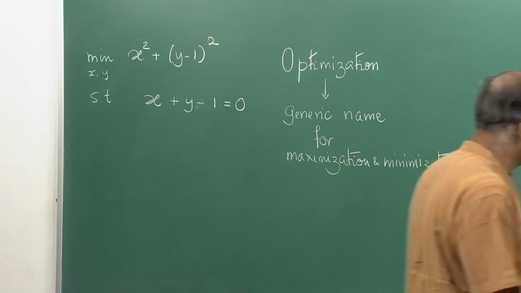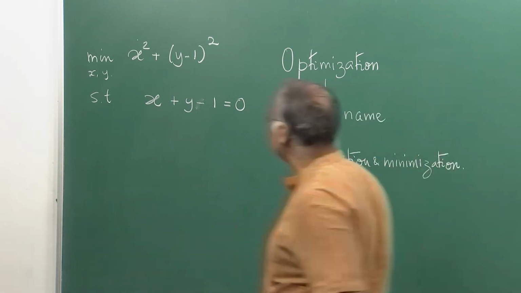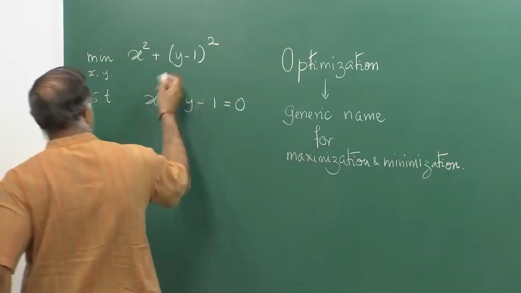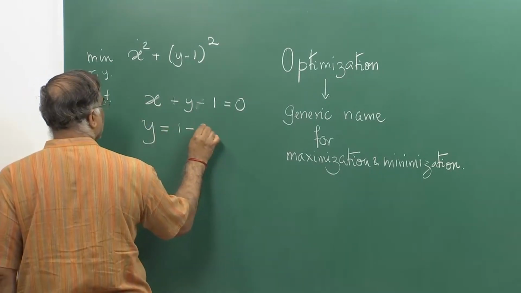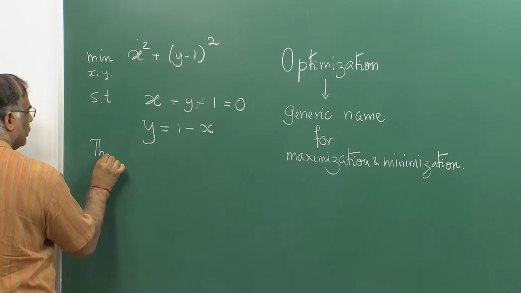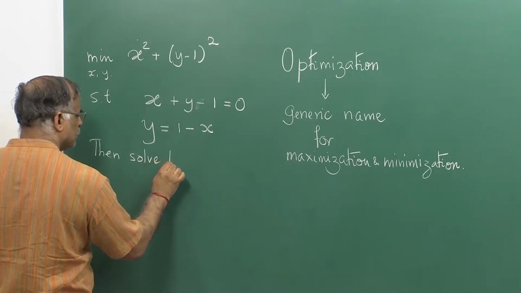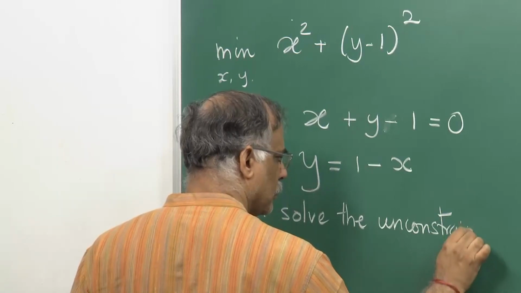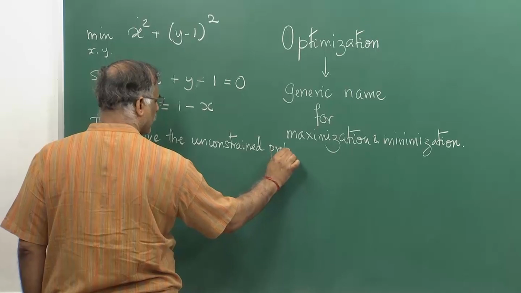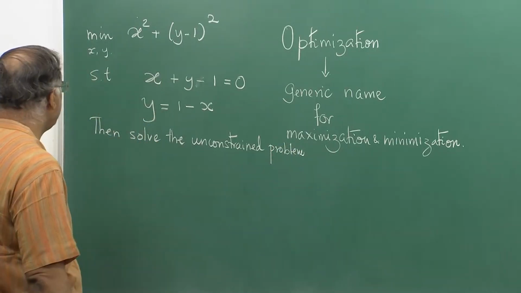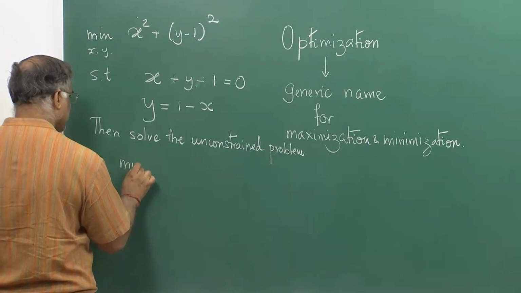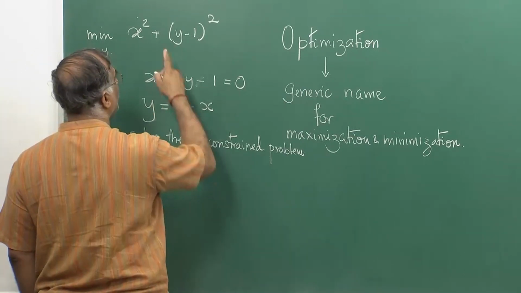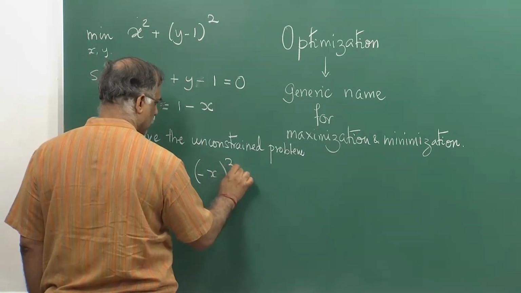Basically, if this is what I have written, then I can always convert the constrained problem into an unconstrained one by just setting y to be 1 minus x, and then solve the unconstrained problem: minimize over x, x square plus y minus 1 is equal to minus x, whole square.